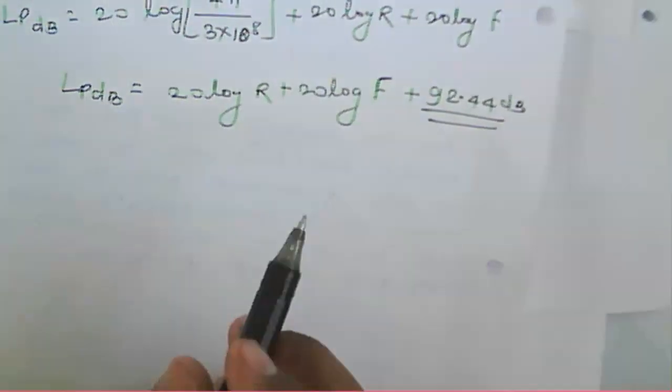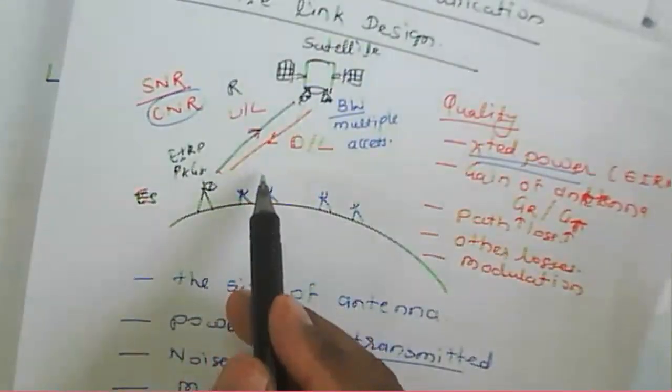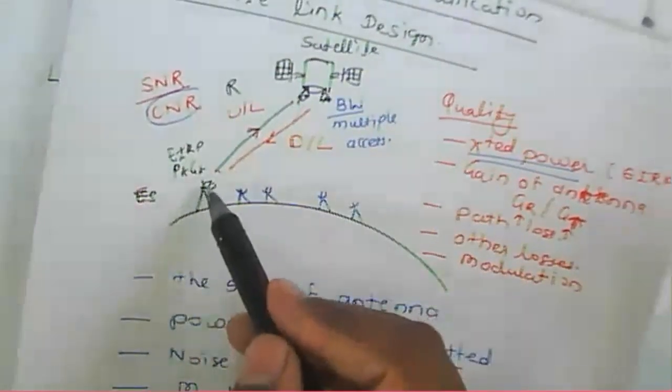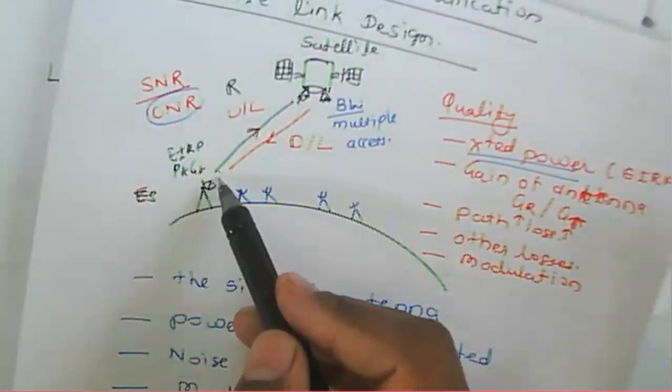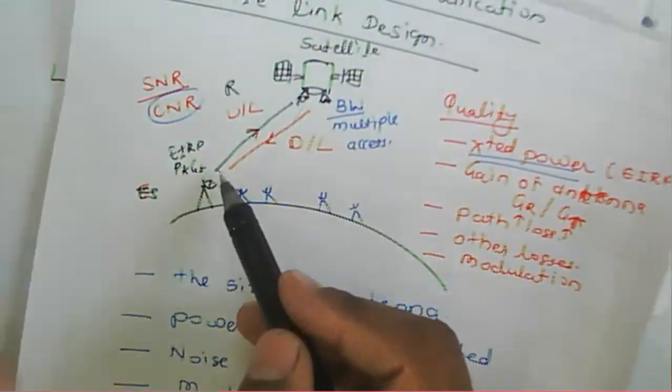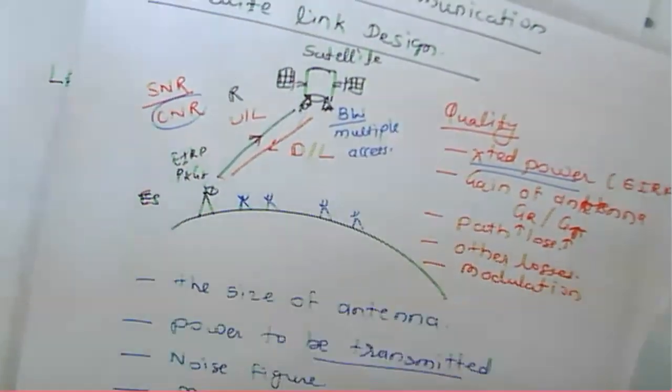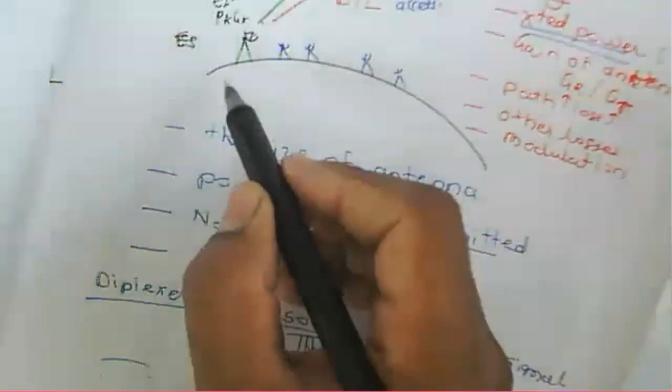And this loss occurs because of the spreading of the signal from the earth station to the satellite here. And that is not by any other media.